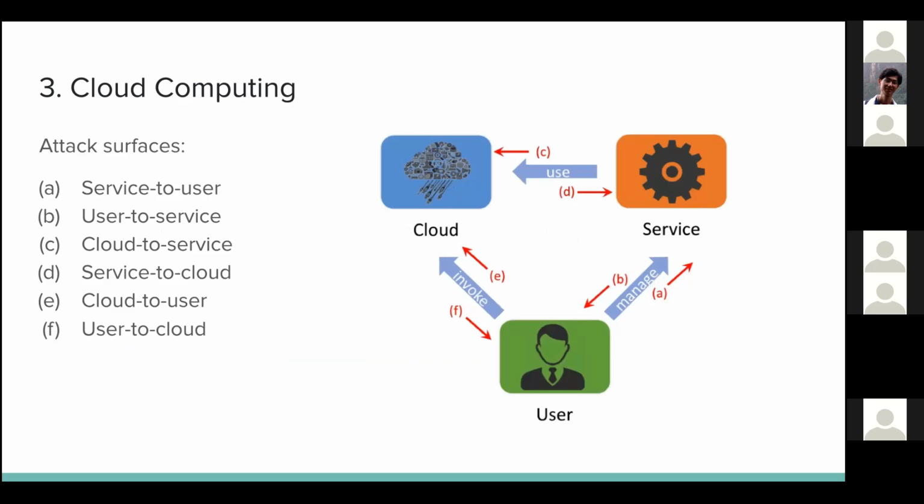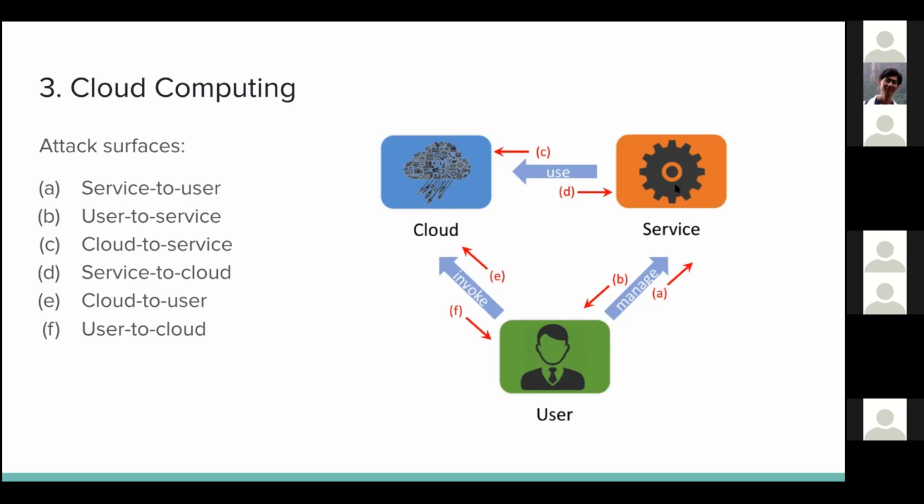Not every student here has expert knowledge of security. Maybe you can explain what an attack surface is, and then point out some audience. Okay, the idea is that within cloud computing there are different kinds of interactions, and the more interactions there are, the more loopholes an attacker can potentially exploit.